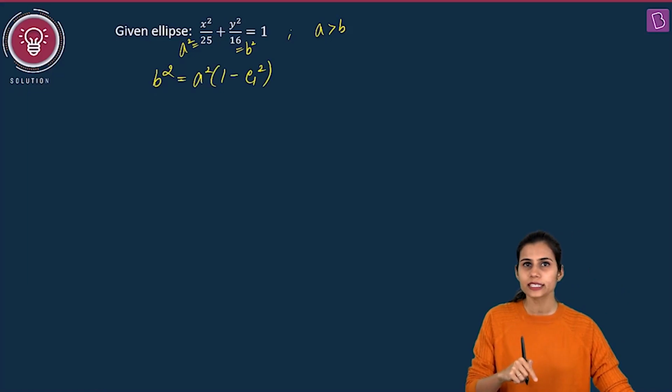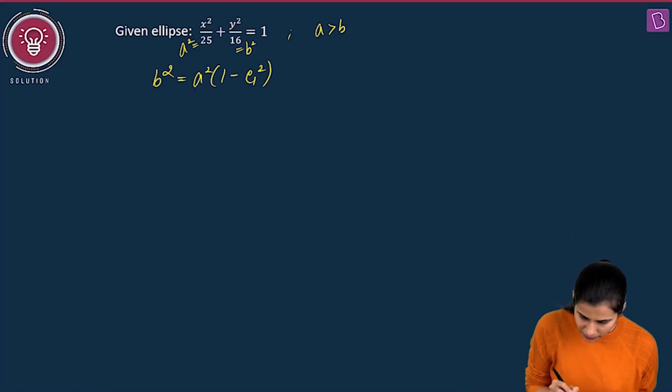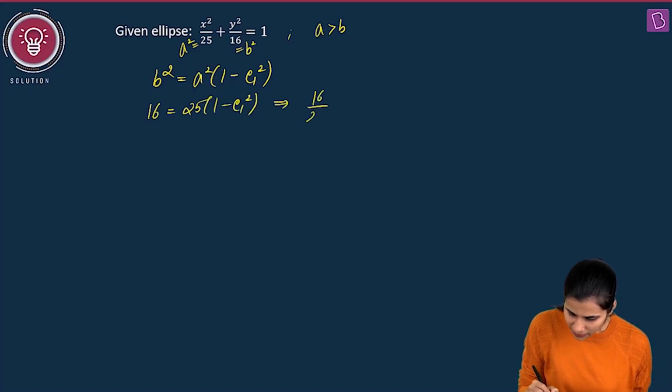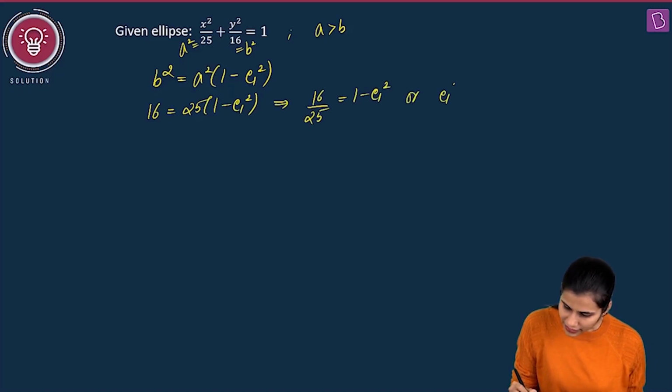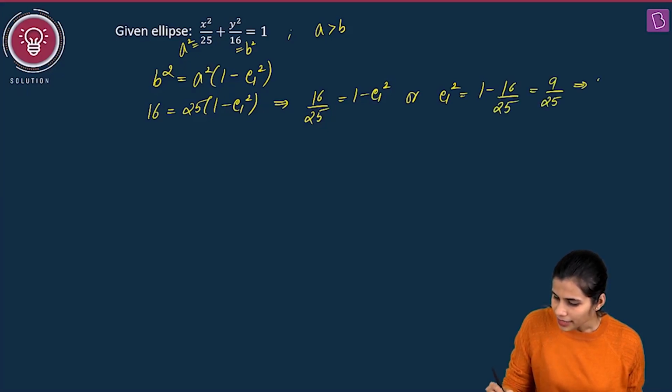This is for the ellipse. Plug in the values, you get 16 equals 25 into 1 minus E1 square. This will give you 16 by 25 equals 1 minus E1 square, or E1 square is 1 minus 16 by 25, which gives you 9 by 25, thereby implying E1 is 3 by 5.